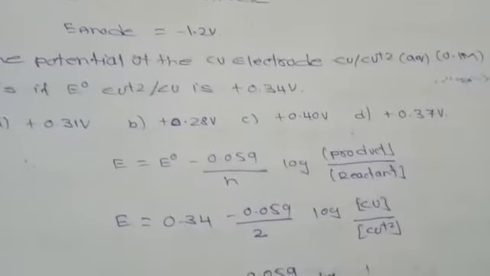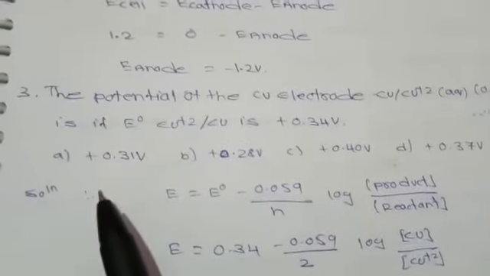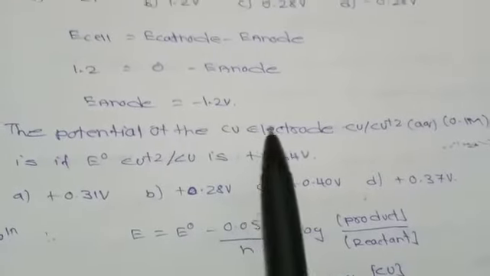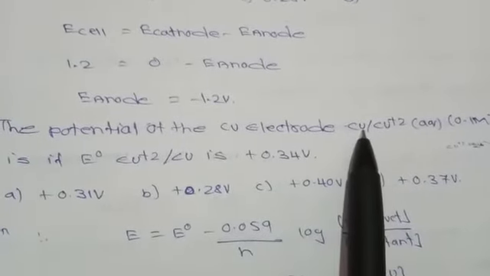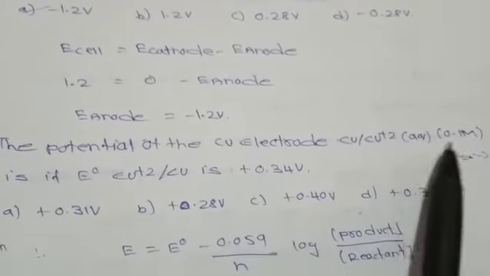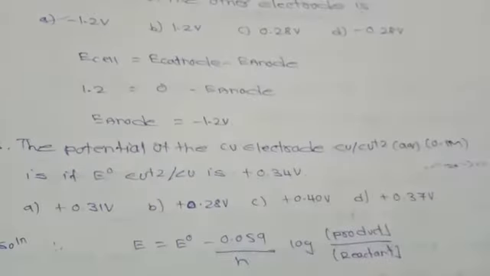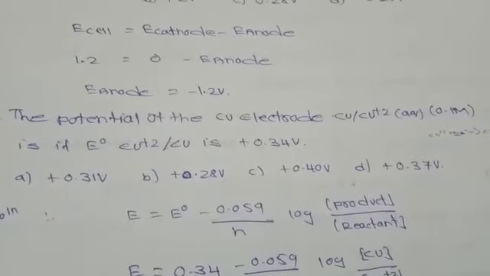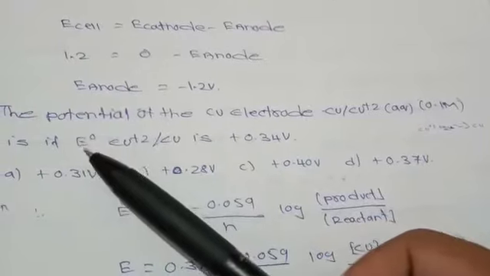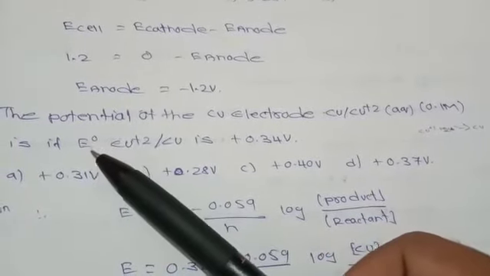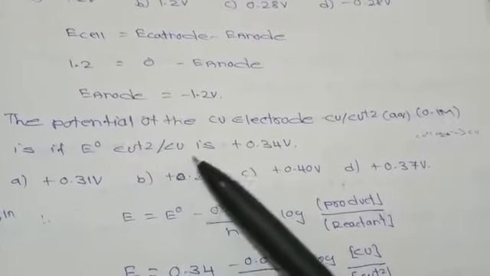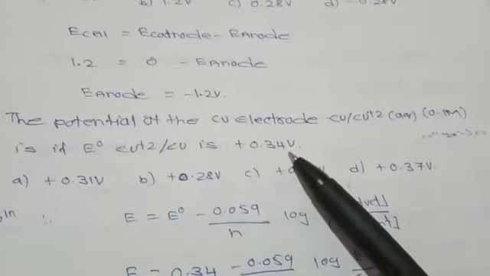This is the most important model here. The potential of the copper electrode, that is Cu/Cu plus 2 aqueous, is given as 0.1 molar. And the E naught of Cu plus 2/Cu is 0.34 volt.